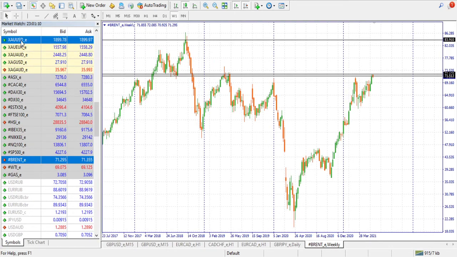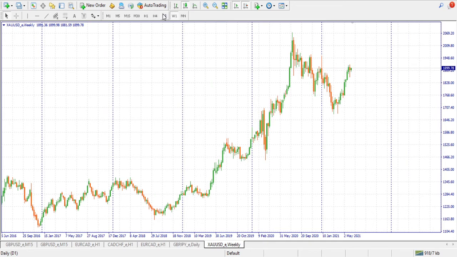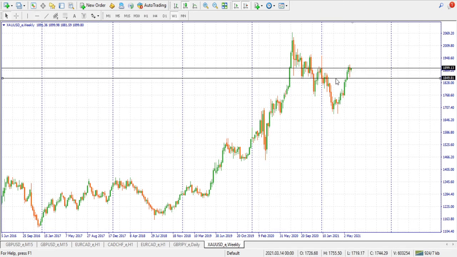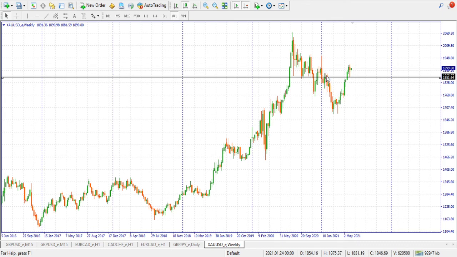Our last symbol for the day is gold. Gold has taken an upward wave. We do have this here. This looks like some level, but not a very good one though. So we had a support, there's a break below, there's a break above, there's a break below, there's a resistance, and then there is this break above.